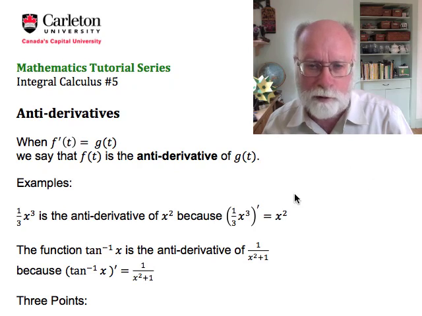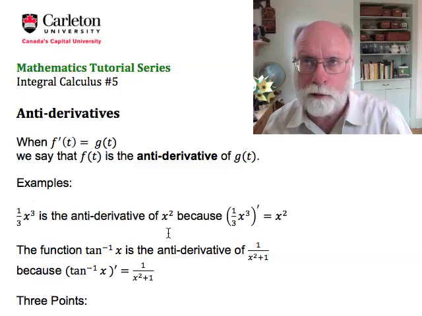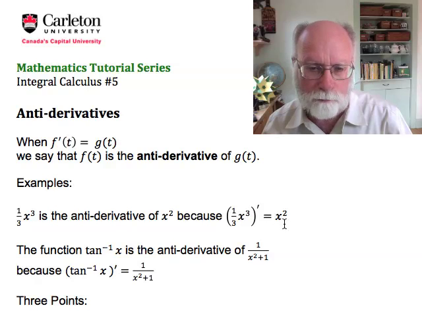So here are a couple examples. 1/3 x cubed is the antiderivative of x squared, and that's simply because if you take the derivative of 1/3 x cubed, you get x squared. The 3 comes down, 1/3 of 3x to the 3 minus 1, which is x squared.